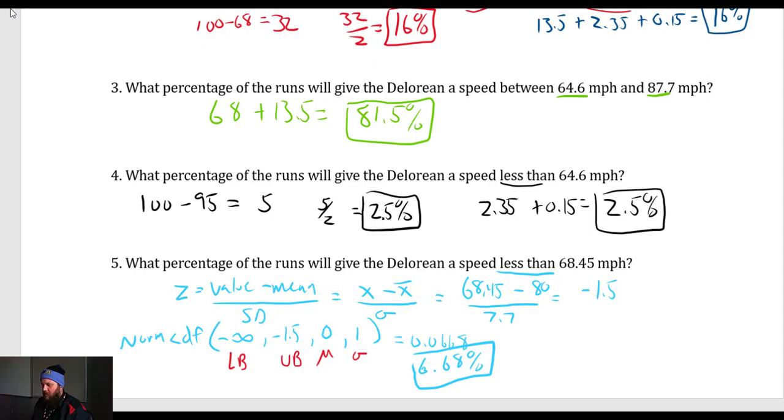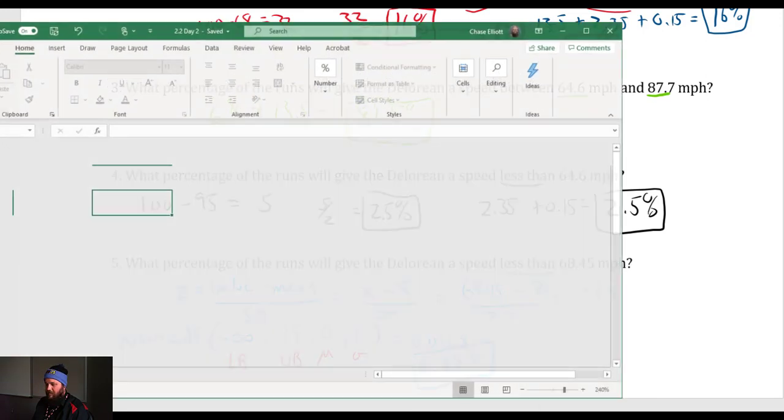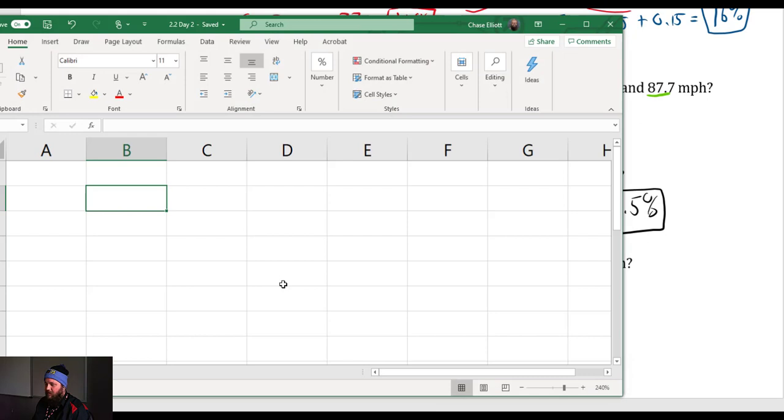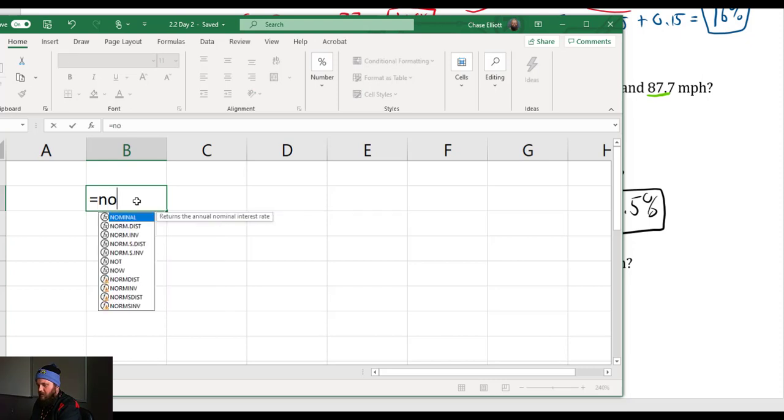Alright. Now there is another way we can go about doing this as well. If you do not have a calculator like that, if you have Microsoft Excel or if you want to use Google Sheets, you can do either one. I've got my Excel right here already pulled up, but I've already tested it in Google Sheets and it does work as well. So in a cell, just type out norm.